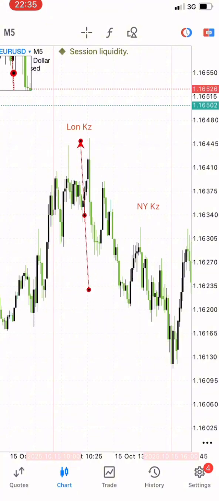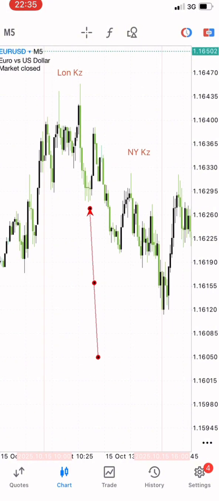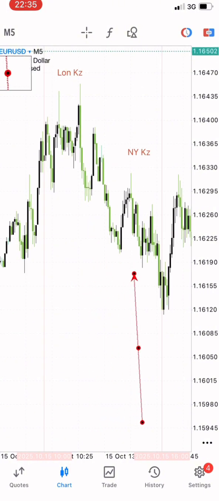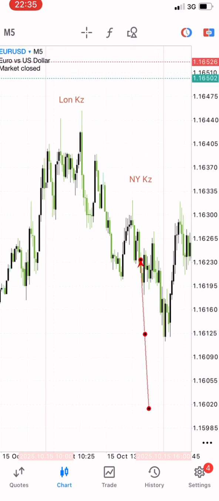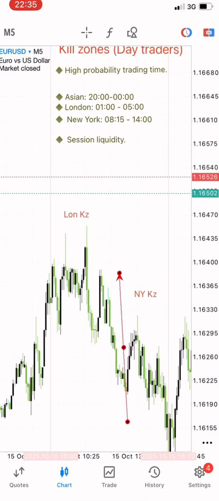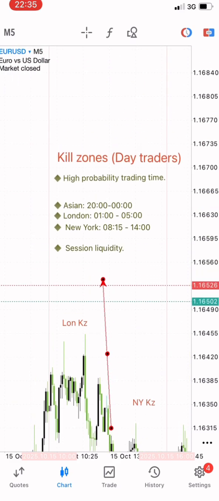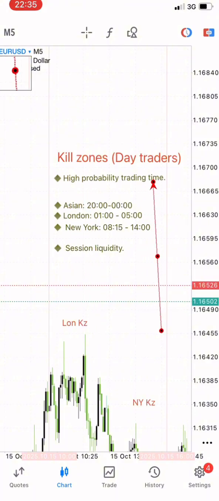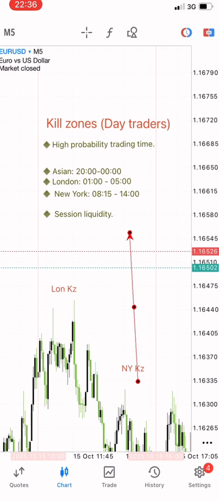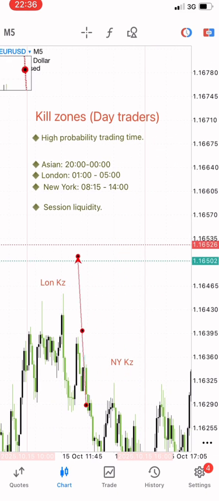That's what we're trying to predict. So the market makers are using the sessions to generate liquidity, and they're using each session to move the market in a certain way depending on which liquidity it took first.